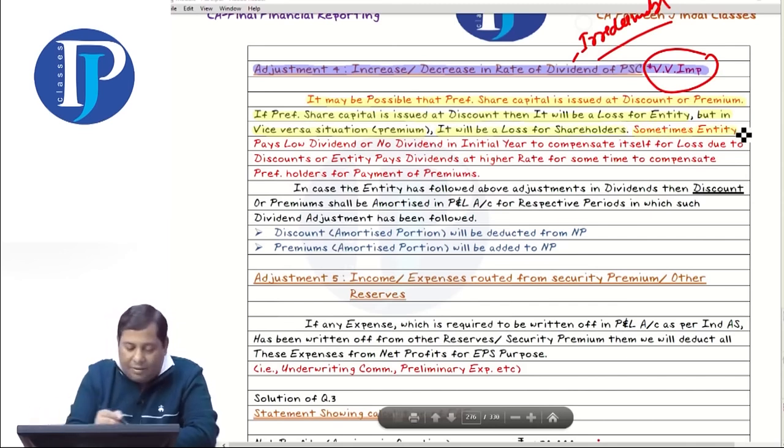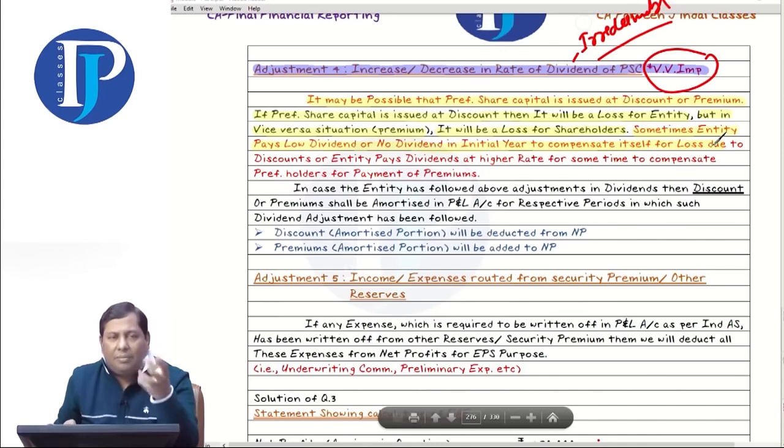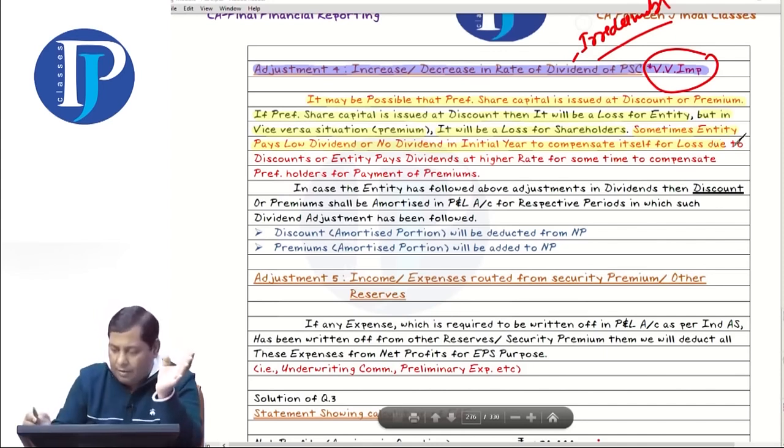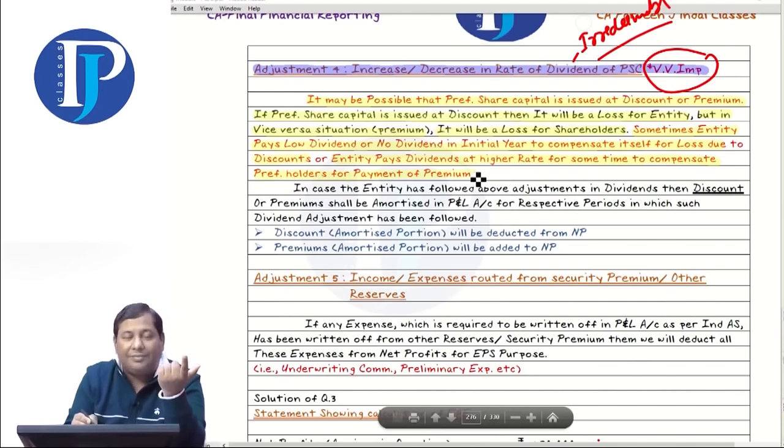But dear students, do you know sometimes entities pay low dividends or no dividends in initial years to compensate for loss. To compensate the loss of discount that the company suffered, the company can reduce dividend or even cancel it due to discounts. Or the company pays some extra dividend to compensate people because they paid a premium.